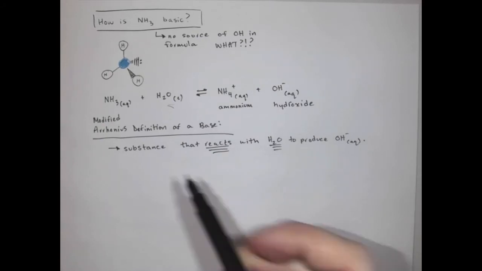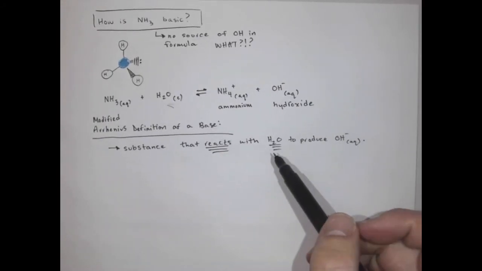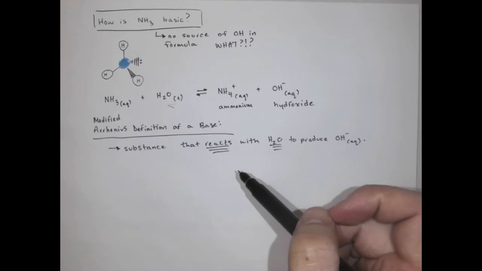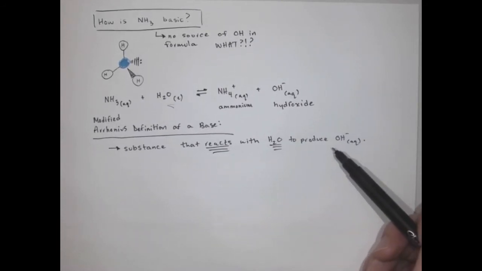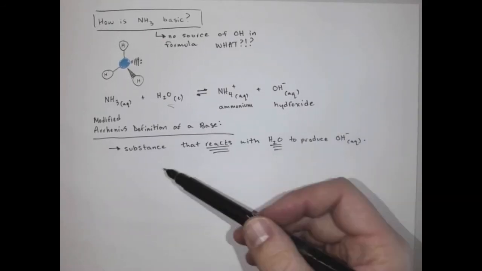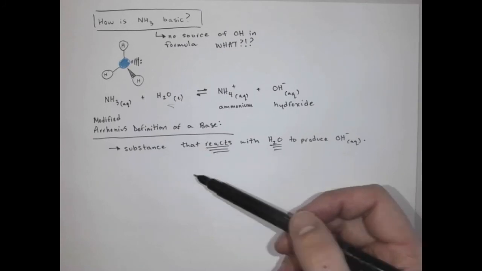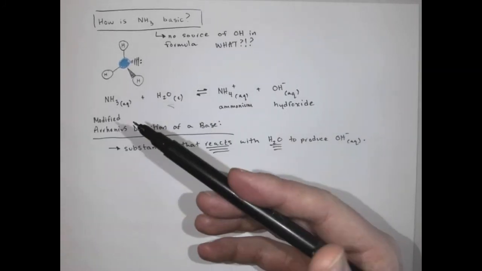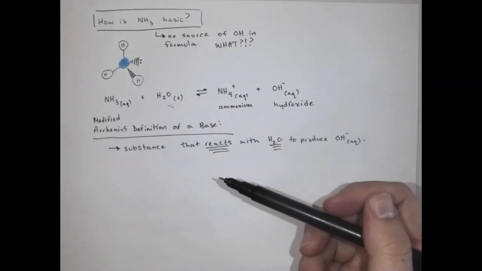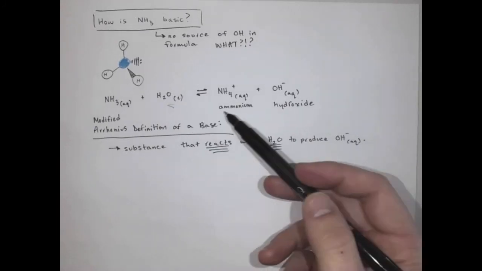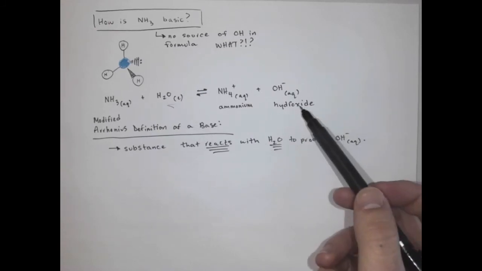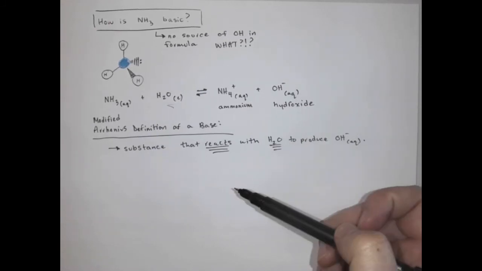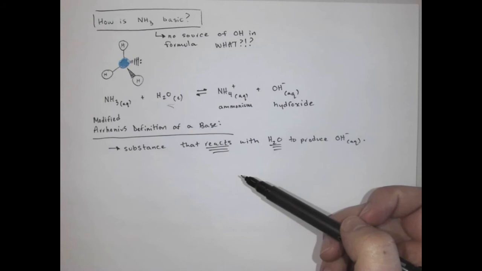So this doesn't discount the fact that you can have a lot of ionic compounds just simply dissociating in water to produce hydroxide ions. That still qualifies under this theory, but this modification brings in ammonia into the theory also. It explains why ammonia would also display these basic properties. It produces hydroxide ions and some ammonium ion.